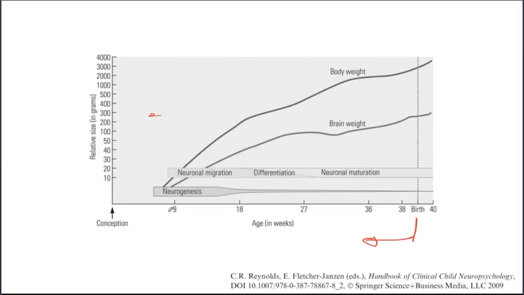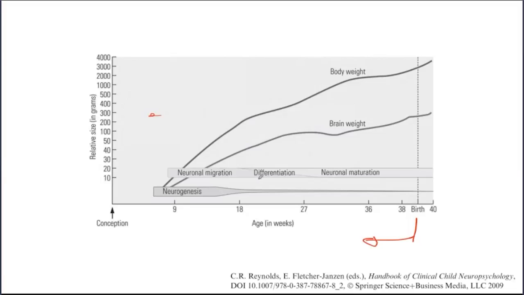At nine weeks after conception, we start to have what we call neurogenesis. We start to have neural progenitor cells, the cells that are supposed to make neurons. In this process we also have what we call neural migration, differentiation, and maturation. I will discuss these steps over the course of the discussion.